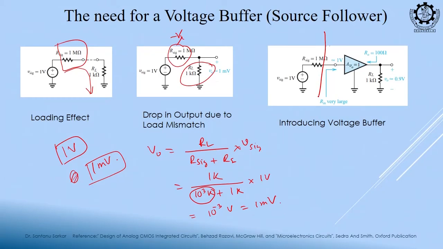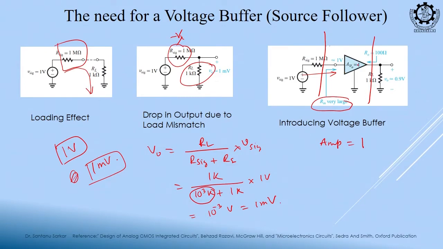What can I do? This portion is fixed, I cannot change. This portion is fixed, I cannot change. So, I cannot connect them directly, that I understood. What can I do? I can take an amplifier whose gain is 1. Gain is not important, but what is it doing? It is giving a very large input impedance, so that no current flows. If no current flows, no drop is in here, right, and the output impedance is 0, so again at the output side, due to this amplifier, there is no voltage drop.